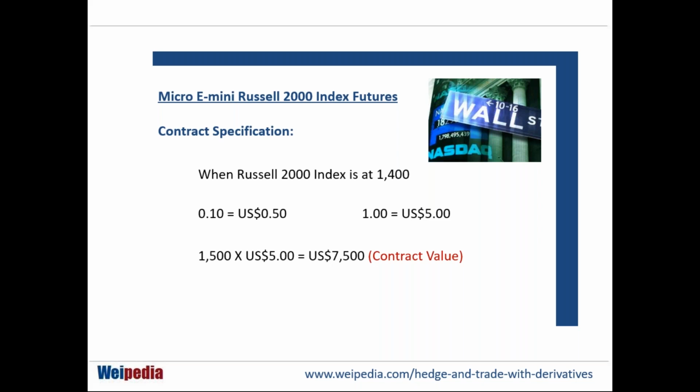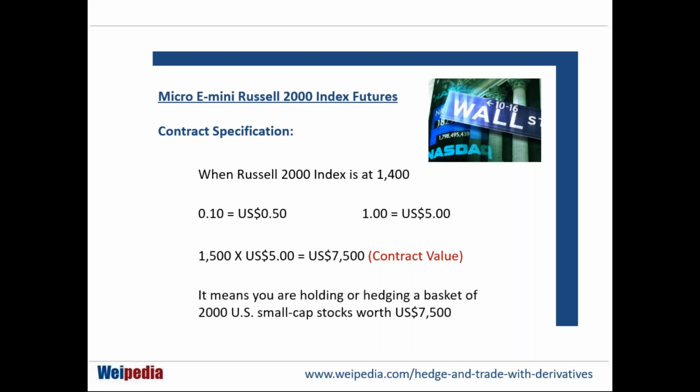If you see that at 1,005 you're going to buy tonight in the Micro E-mini Russell, what does it mean? Since 1 point is $5, at 1,005 times 5, you're literally buying 2,000 mid cap and small cap companies in the US worth $7,500.